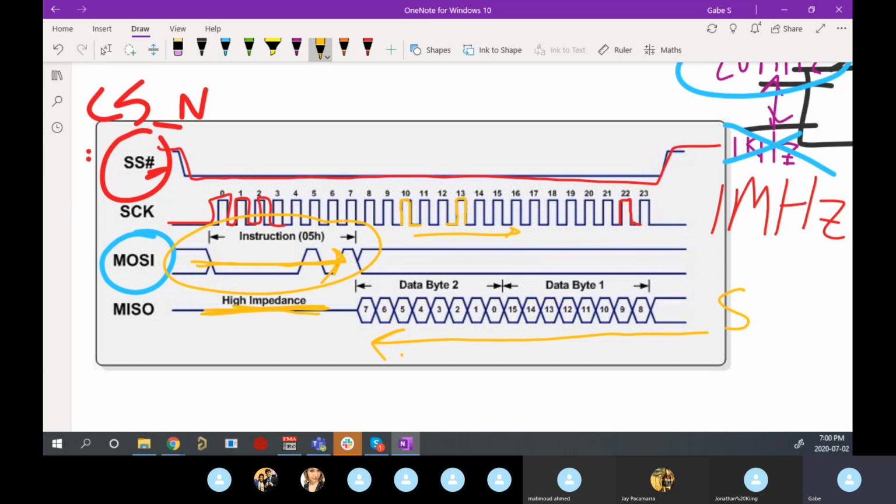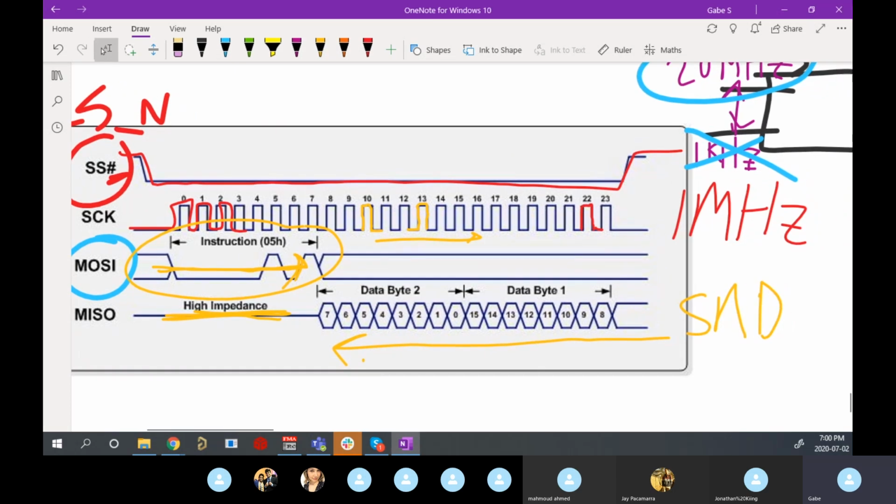ADC, little chip. And it's spitting back to me voltages that it's read. I can ask for it to do that over some instruction.